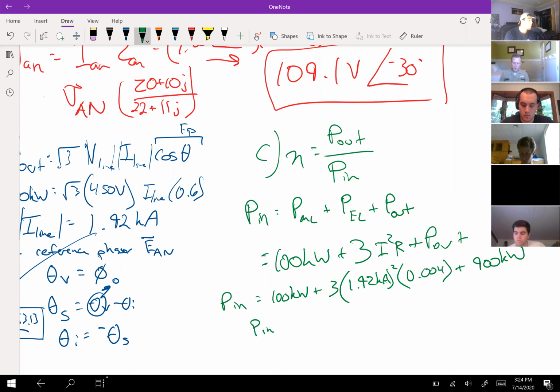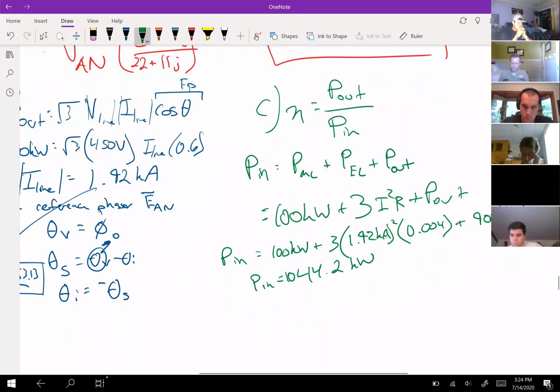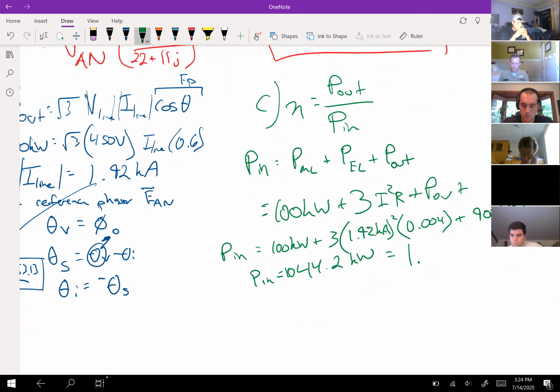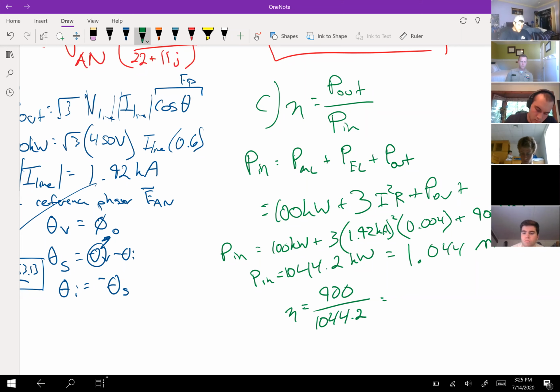That all together sums up to make P in of 1044.2 kilowatts, which, if I was putting that in engineering units, would be 1.044 megawatts. So my efficiency, 900 divided by 1044.2, and I get 86.2%.